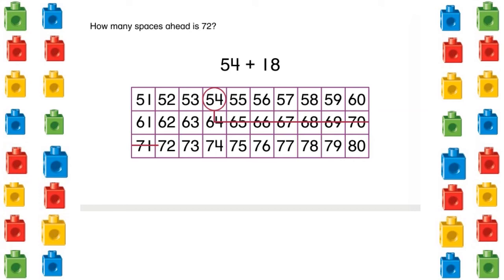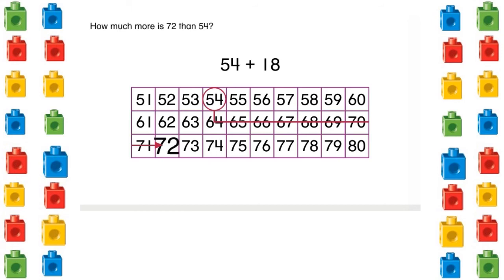How many spaces ahead is 72? You need to go to the next row to add them all. 72 is 8 spaces ahead. How many ones is that? 8 ones. How much more is 72 than 64? 72 is 8 more than 64.